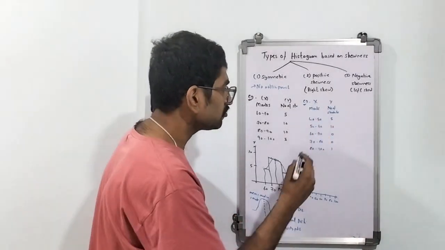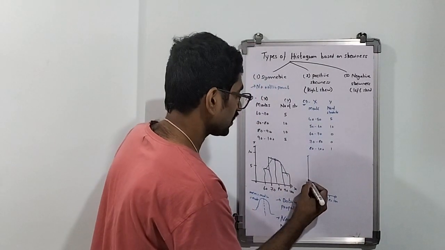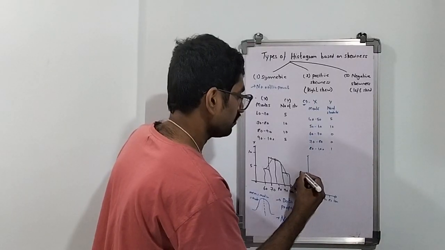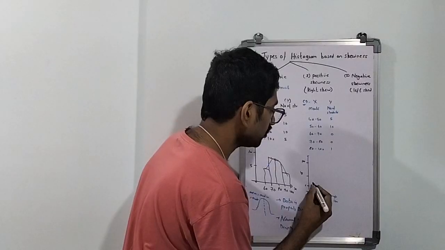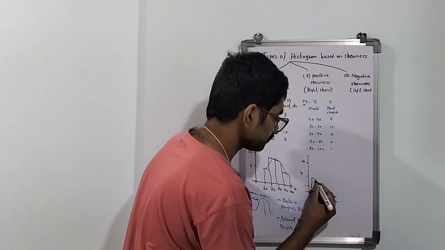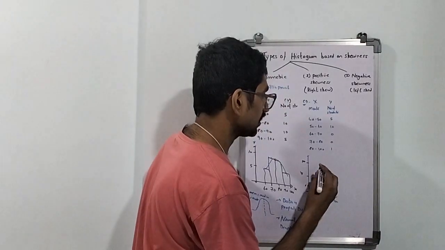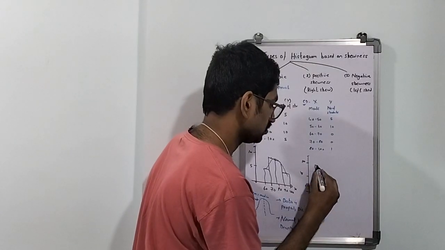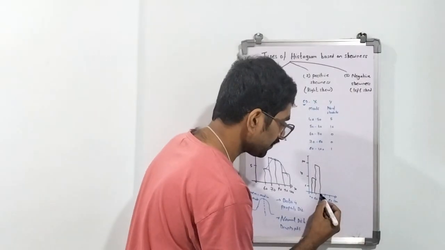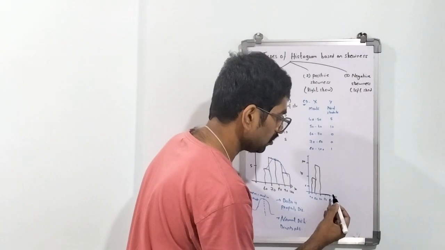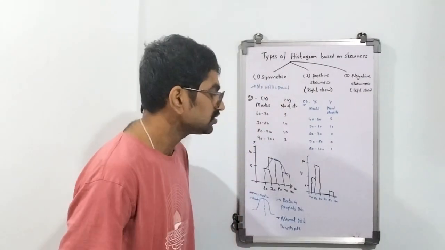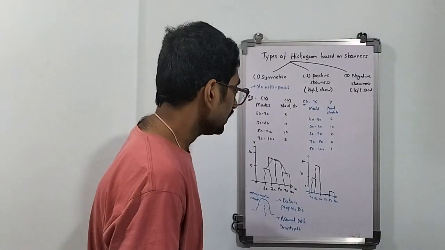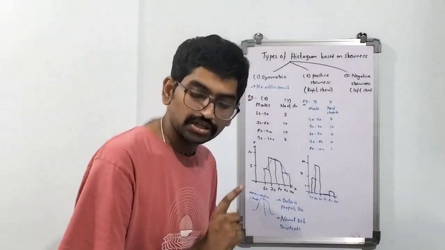Now if you try to draw the plot here, let's write 1, 5, 10. From 40 to 50, 5 people have got marks, from 50 to 60, 10 people have got marks, from 60 to 70, 0, 70 to 80, 0, and from 80 to 100 only 1% got. Now here you see this particular plot is not a normal distribution plot.